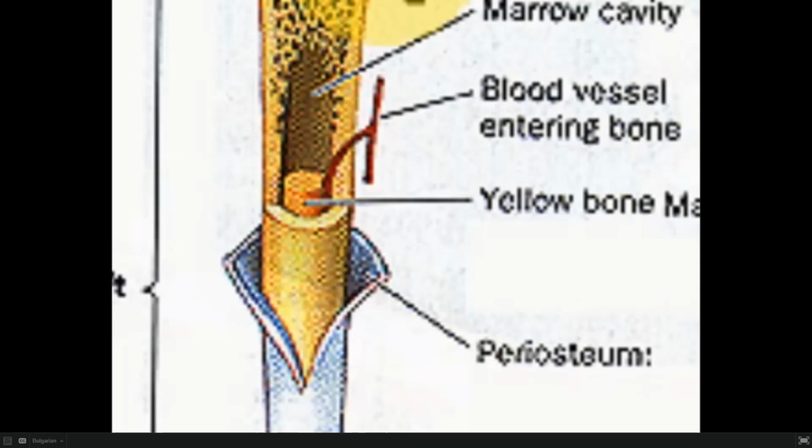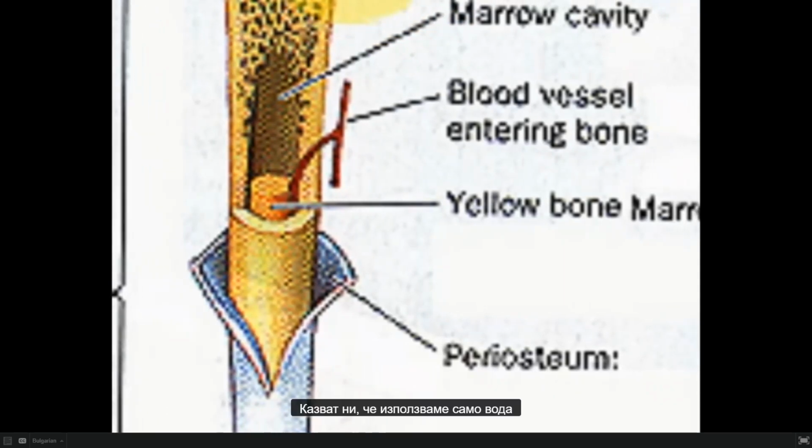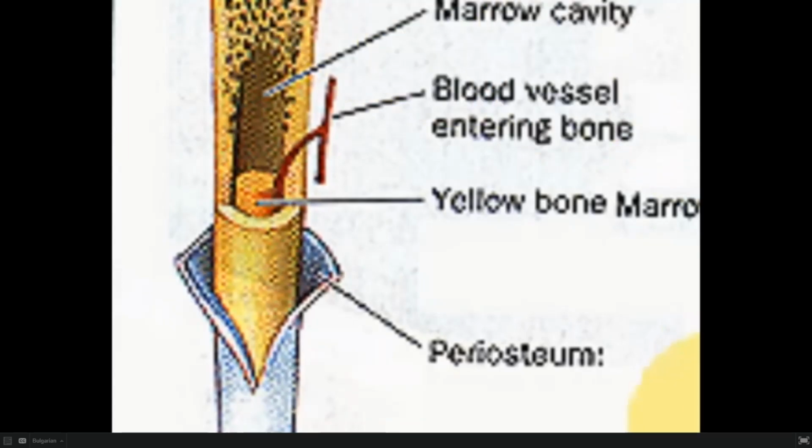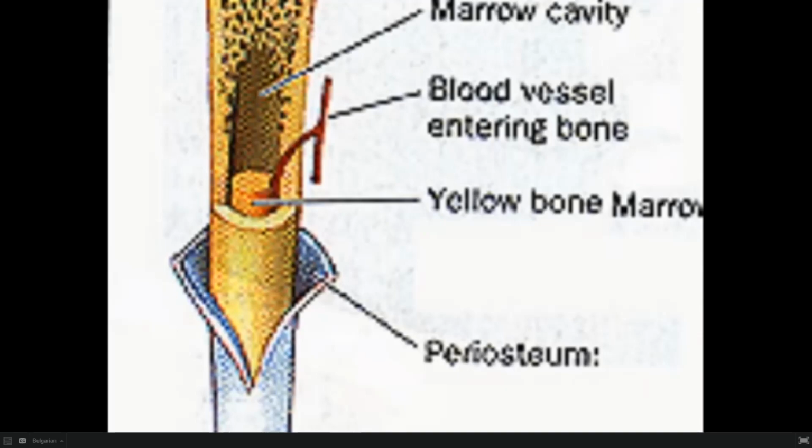So you can affect the rest of the chain. They tell us that you only use water and air because you never understood the essence of the creation and the creation of the man. Through the water, we decide what goes through the bone structure to become your immune system, which in a way affects your own emotions, that affects your health.